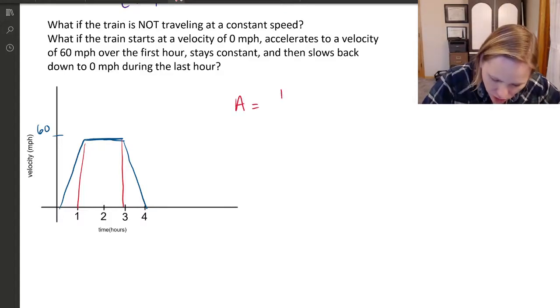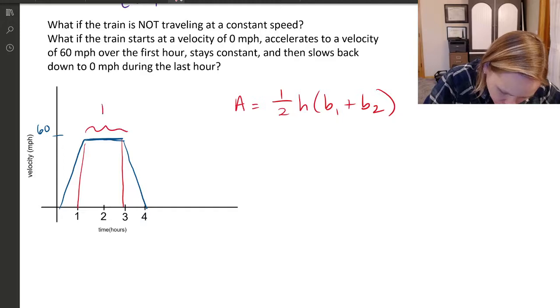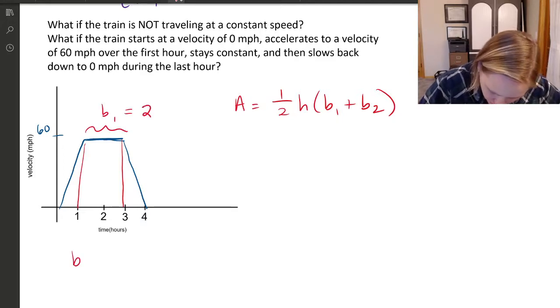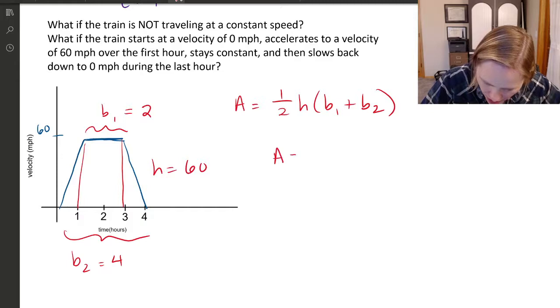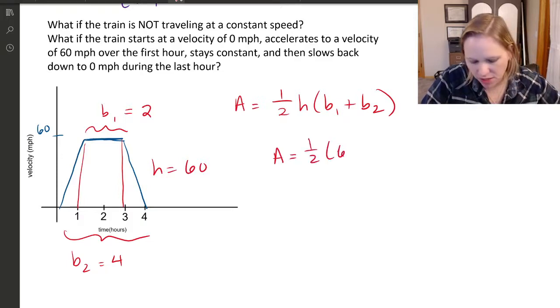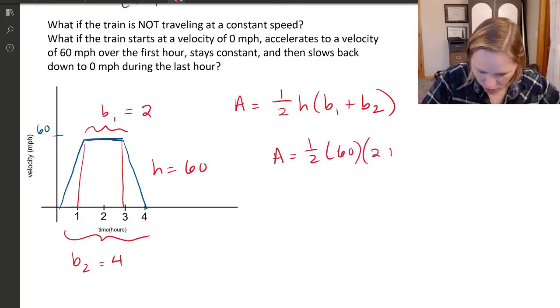The area of a trapezoid is 1/2 the height times b1 plus b2. Here, we'll call this b1 since it's on the top part. It is 2 hours. Base 2 is 4 hours. And then the height is 60. So the area under this curve is 1/2 times 60 times 2 plus 4.